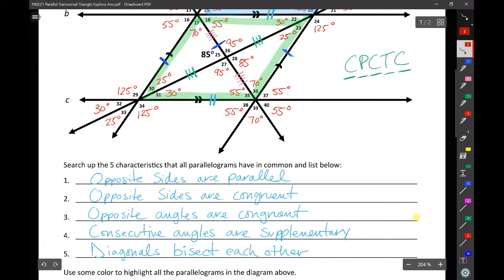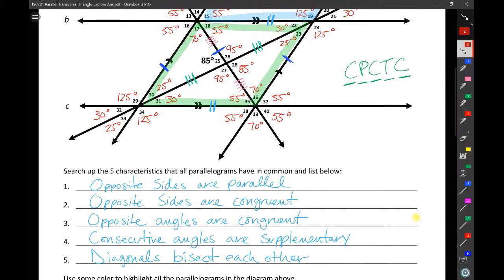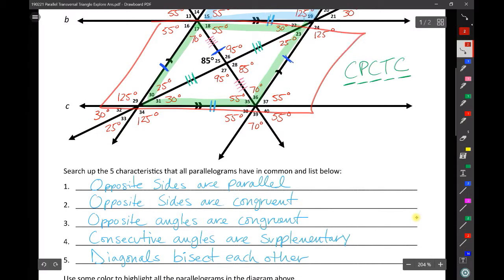The opposite sides of a parallelogram are parallel, opposite sides are congruent, opposite angles are congruent, consecutive or same side angles are supplementary, and finally the diagonals bisect each other. All parallelograms share these 5 qualities.